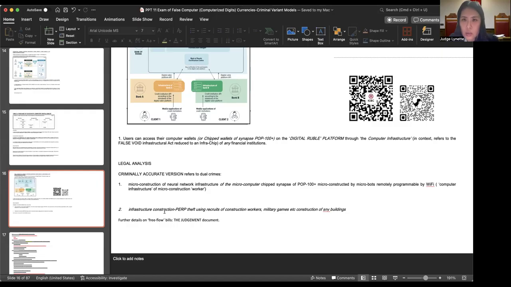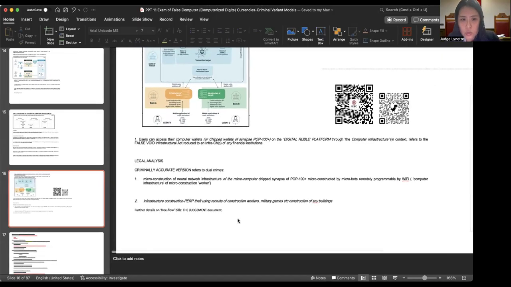You can't really call it a bank, it's just robbery actually. So it's infrastructure construction on a physical scale of construction workers. For further details, it will be in the judgment document when I document some of these 3-4 bills which avoid. It's at the highest level, the highest crime possible at the national level.